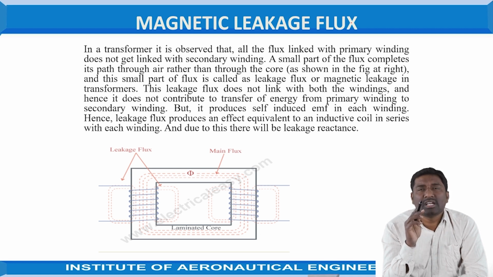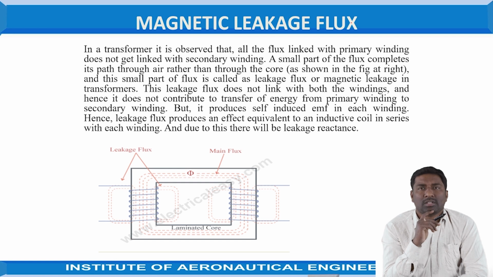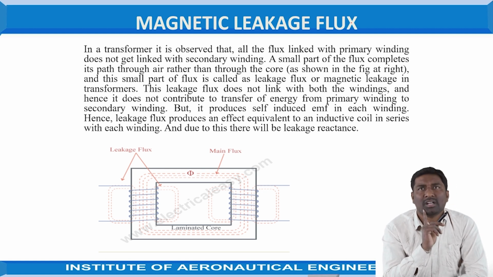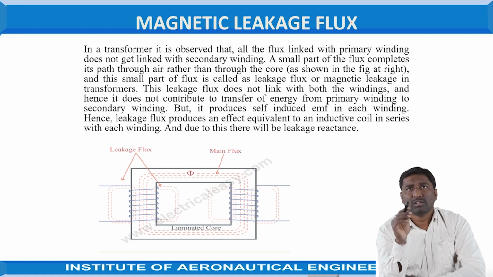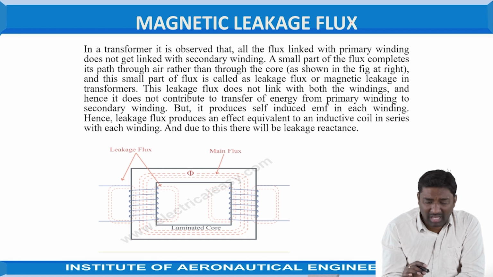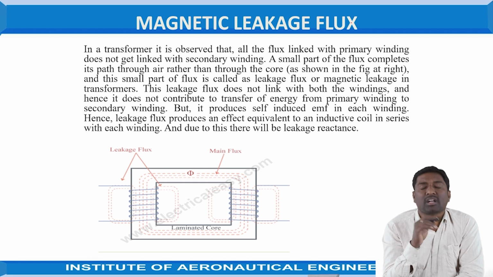A small part of the flux completes its path through air rather than the core. This small part of the flux is called leakage flux, or magnetic leakage in the transformer.